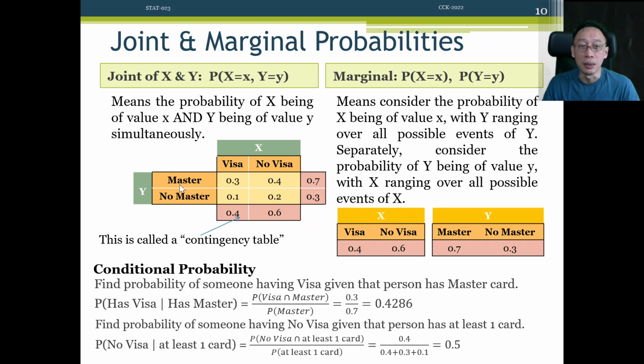So that is a joint probability because we can ask a particular measuring item, that means a person, do you have a Visa card? Do you have MasterCard? Right. So if out of 10 people, we have 3 people who have Visa card and MasterCard, we would record as 3, but divided by 10, so that's 0.3 relative frequency, right?